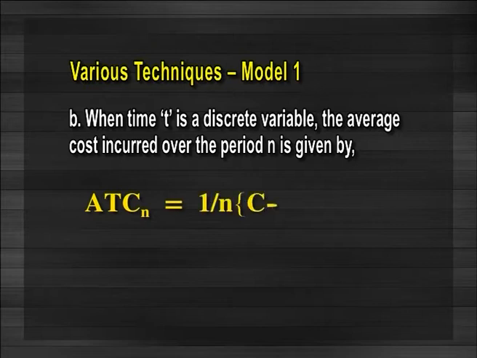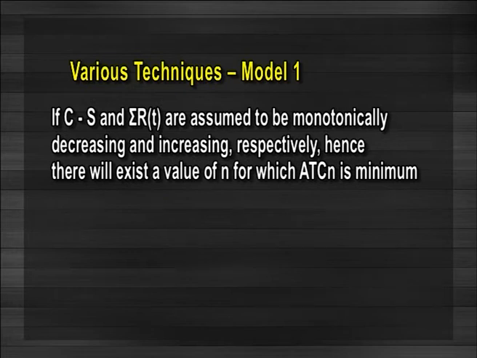ATC of n is equal to 1 by n into C minus S plus summation RT, which is represented as equation 3. If C minus S and summation RT are assumed to be monotonically decreasing and increasing respectively, there will exist a value of n for which ATC is minimum.